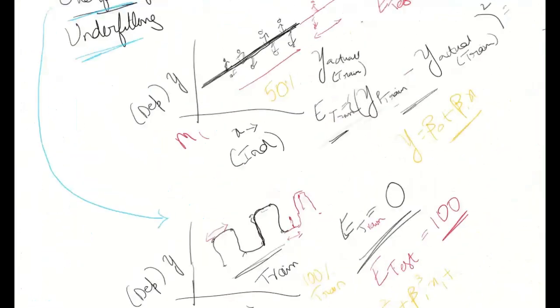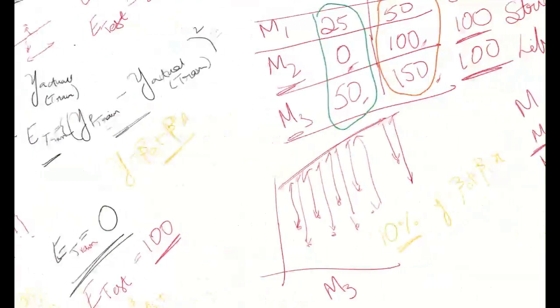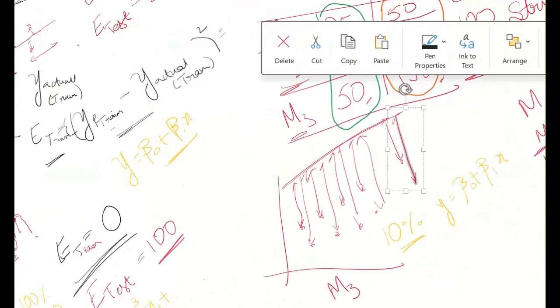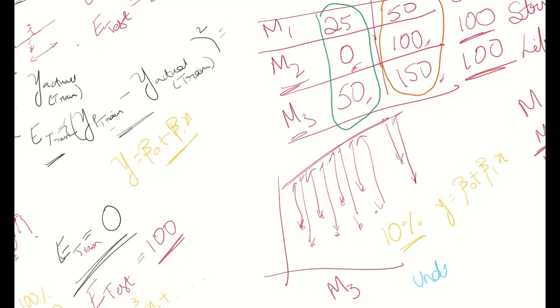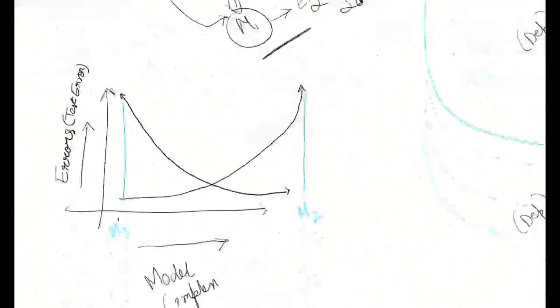And the model here, with poor beta coefficients, is an underfitting model, which is performing poorly on both training data and the test data. So M2 is an overfitting model and M3 is an underfitting model.